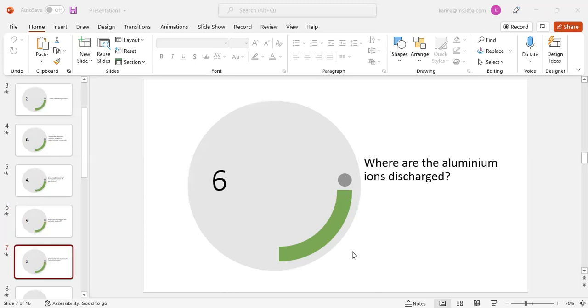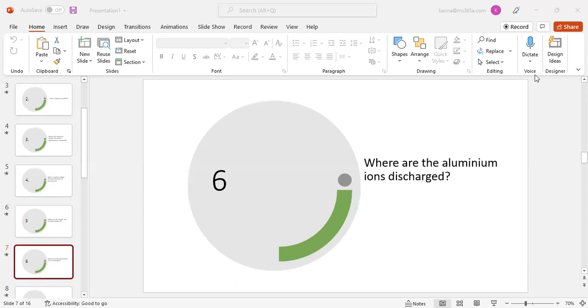No response. Edda, what's the answer? Where are the aluminum ions discharged? Discharge means the ion will lose its charge and it becomes an element. So Ashlyn, your answer is correct: at the cathode, okay?